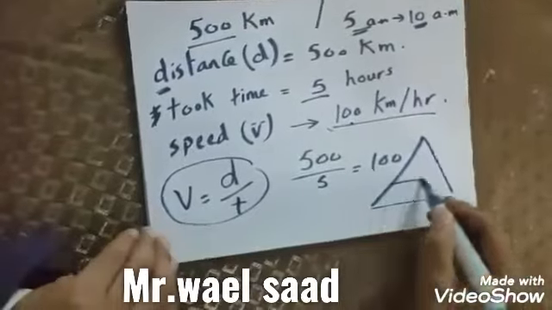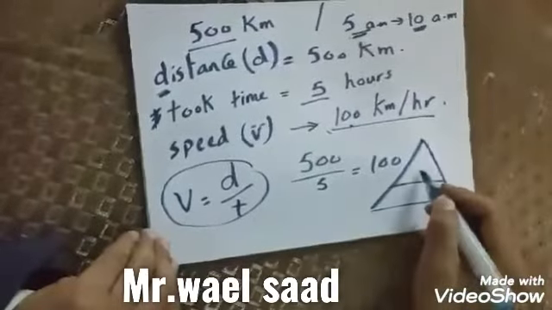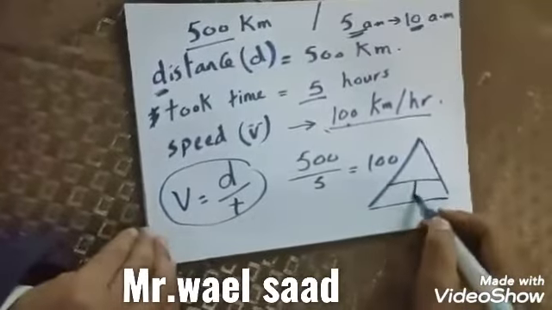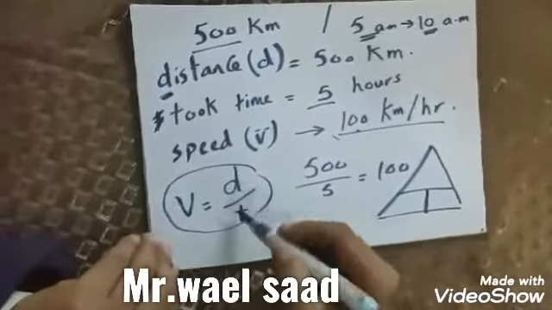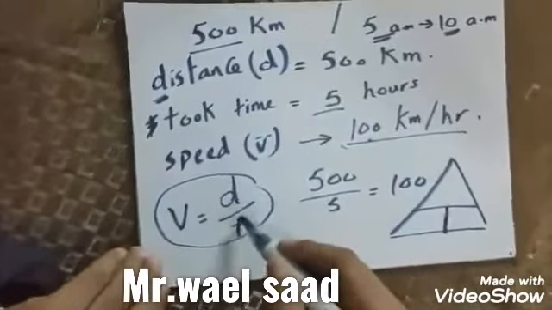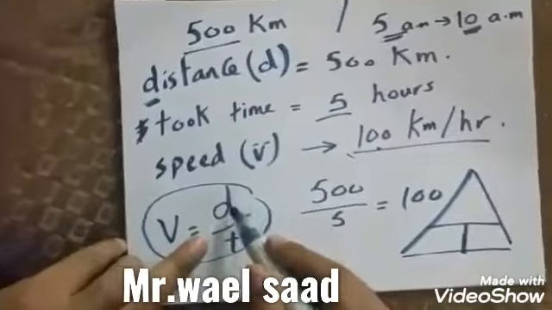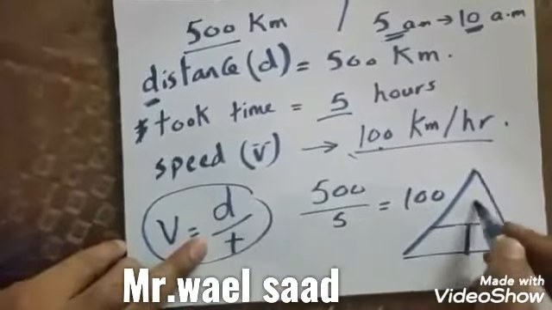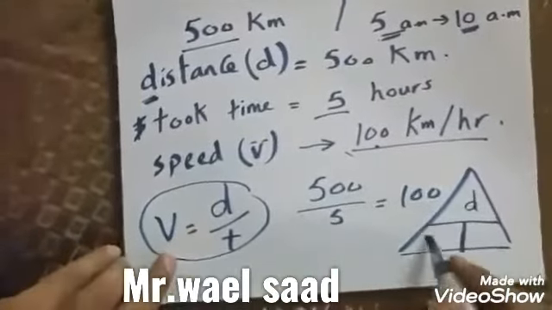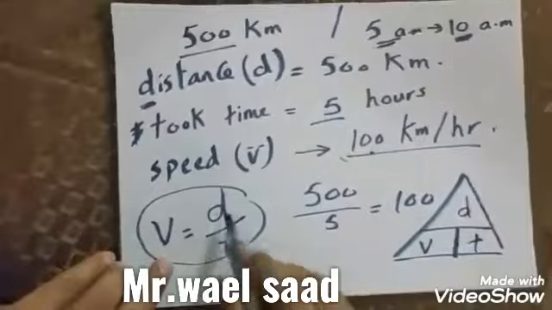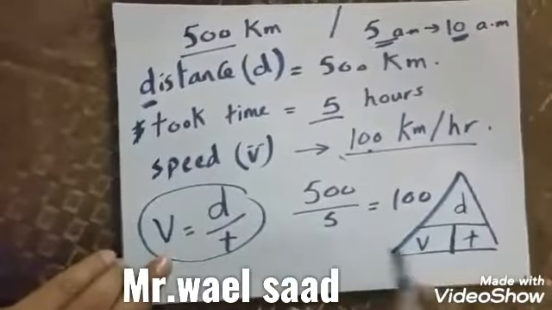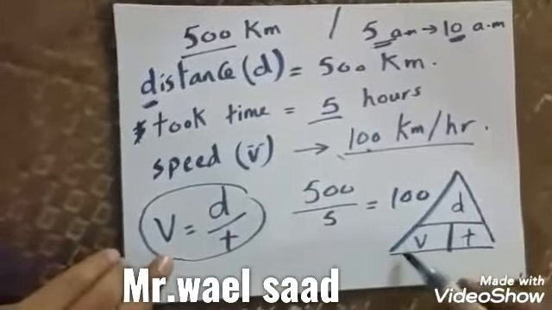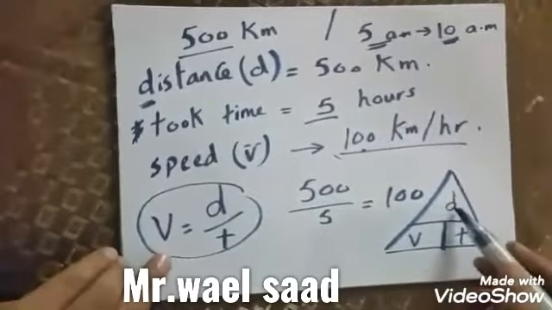And I can make this triangle. How can I put these values in this triangle? This is dividing. If it is dividing, I must put the first value up here and the other two values down. So if I want to get speed, it equals distance over time.